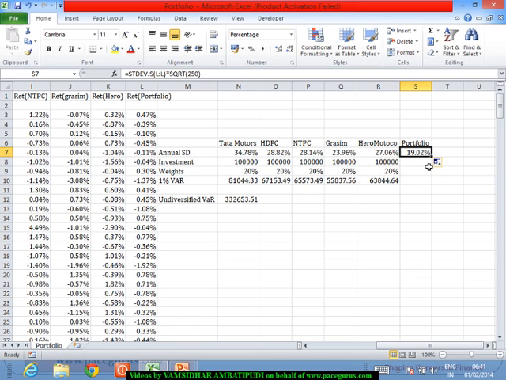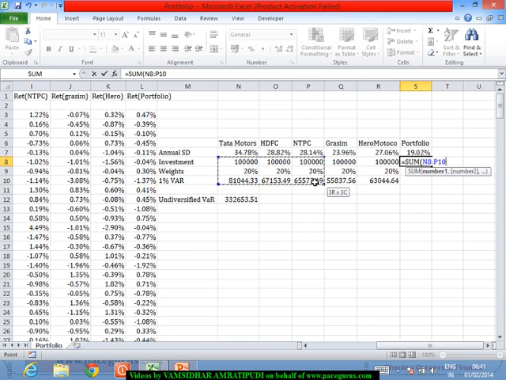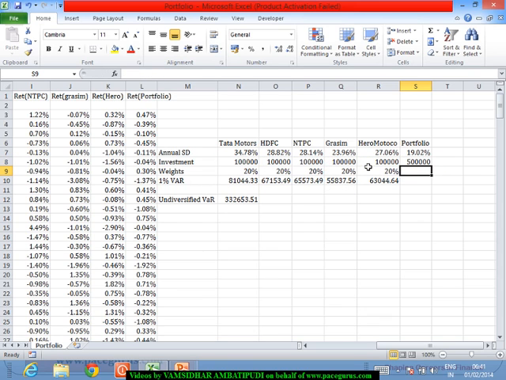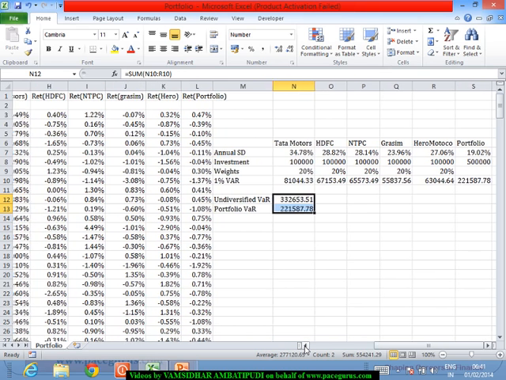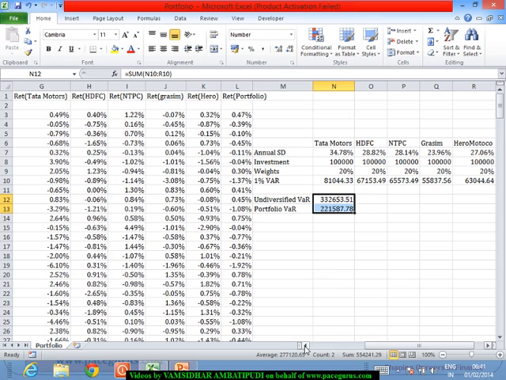So the portfolio annual standard deviation is this much, which means if I am investing an overall summation of 500,000, my portfolio VAR is becoming only 221,000, which means almost 111,000 is the diversification benefit that I got using this equal weighted portfolio of 20% each.